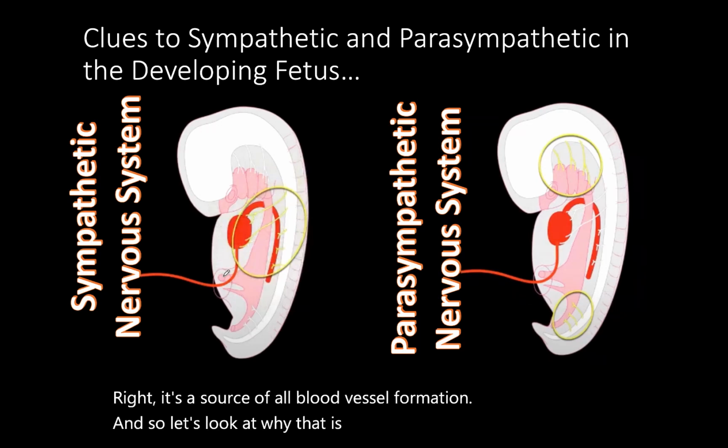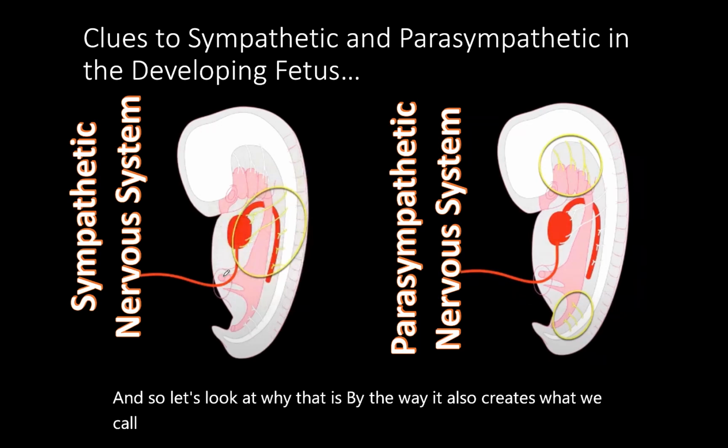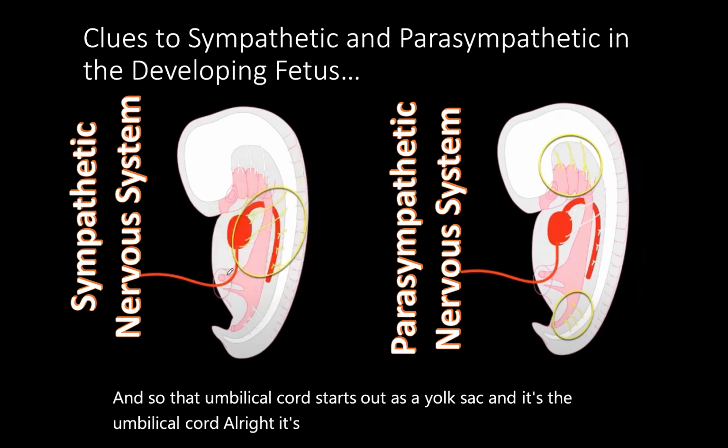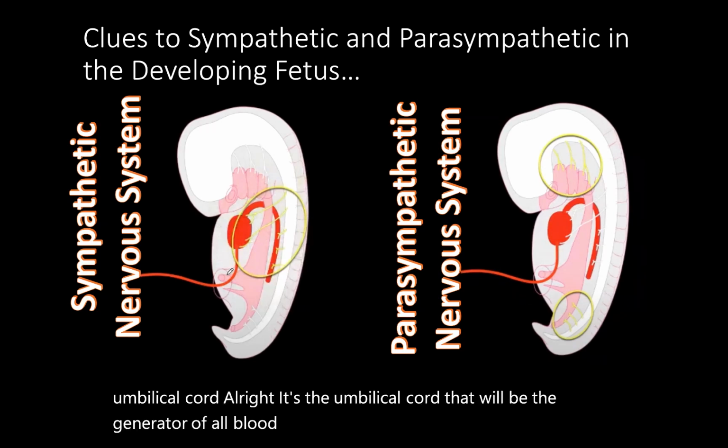By the way, it also creates what we call a heart tube as well. Here's the heart tube right here. It's the umbilical cord that will be the generator of all blood vessels within the body, as well as the formation of the heart tube.